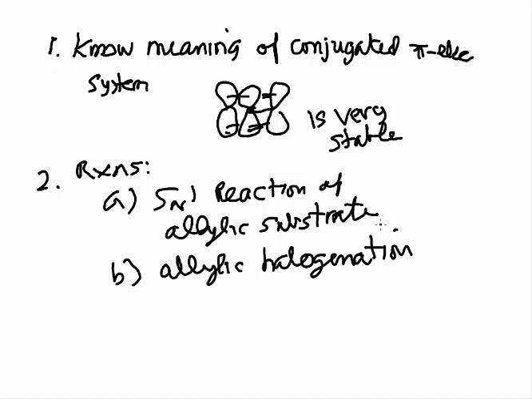Both of them work in the presence of light, and fundamentally the reaction pathway is a free radical kind of pathway. And to be able to understand that in allylic halogenation, you can get more than one product, more than one allylic halogenation product. As well, in the SN1 reaction of an allylic substrate, you can get more than one product.